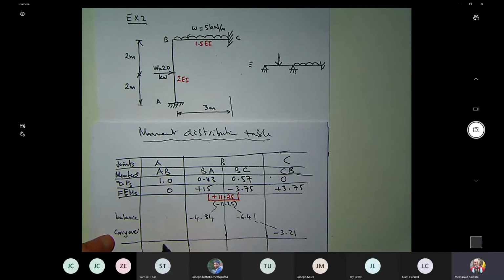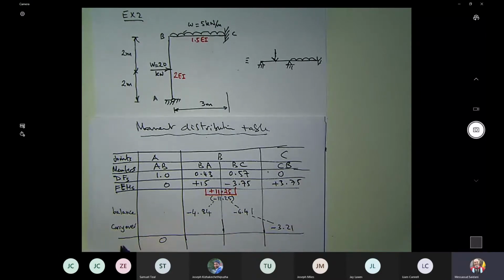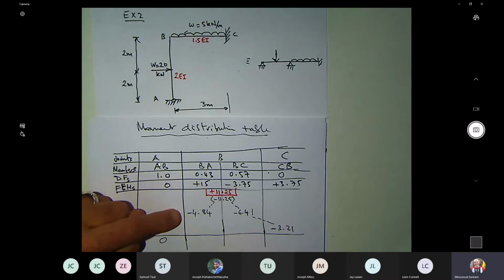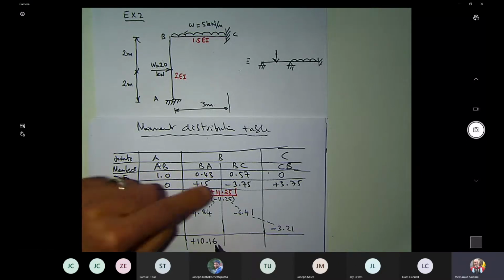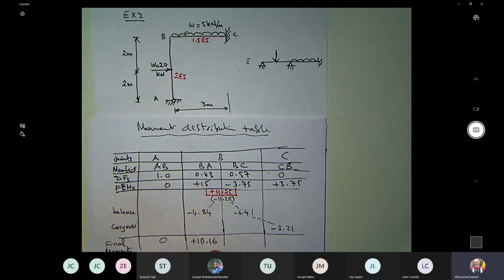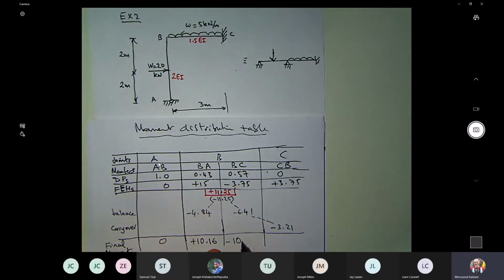So we have 0 at A. So these are the final moments. We have 0 at A. We have plus 15 minus 4.84 is 10.16, I believe. And minus 3.75 minus 6.41 is, please do check it, minus 10.16.